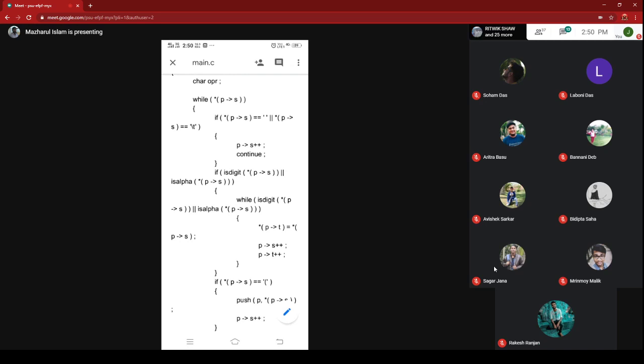Where will it go? It will go to the queue, capital Q, as per the algorithm. When you read the operand, where will it go? Operands never go to the stack. Operators go to the stack and brackets go to the stack.